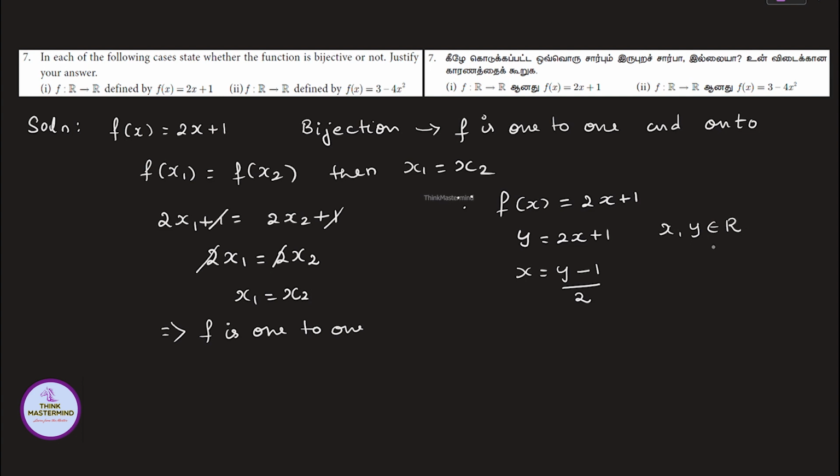So y also belongs to R. For all values of y, there exists an image x in R. Therefore range is equal to codomain.